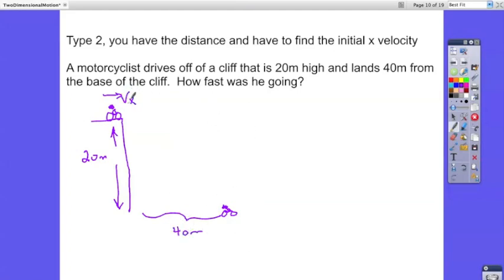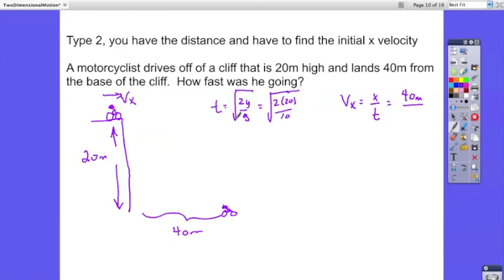So what we're looking for in this case is the horizontal component of the velocity, Vx. So write an equation for it. Vx equals x over t. Do we know x? Yes, we do. It's 40. Do we know time? No. So we have to come over here and do vertical stuff. Time is the square root of 2y over g. That's the square root of 2 times 20 over 10. Be careful when you're writing these.